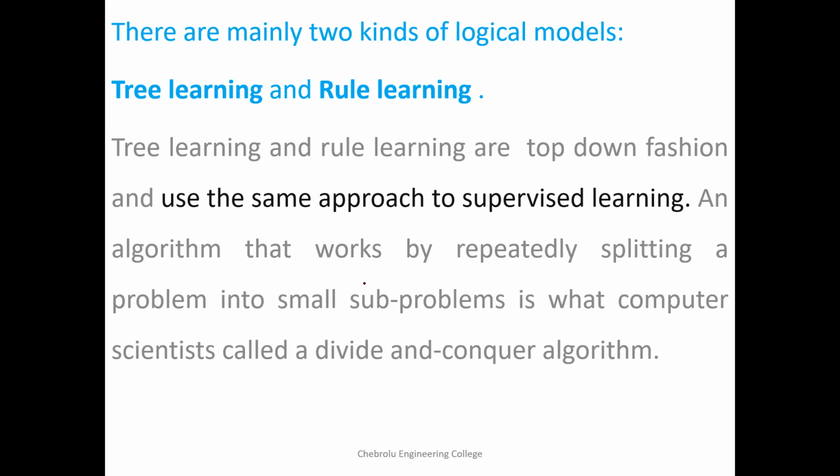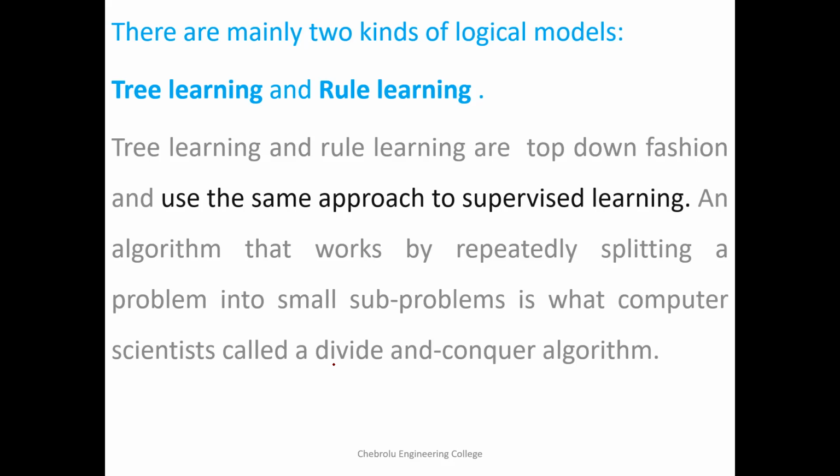An algorithm that works by repeatedly splitting a problem into small sub-problems is what computer scientists call divide and conquer. A big problem is given to you to solve. In order to solve that particular problem, we divide it into small problems.